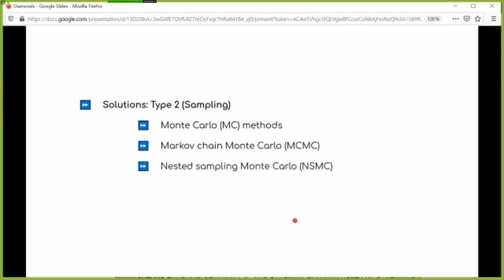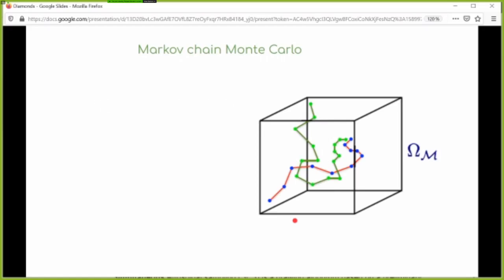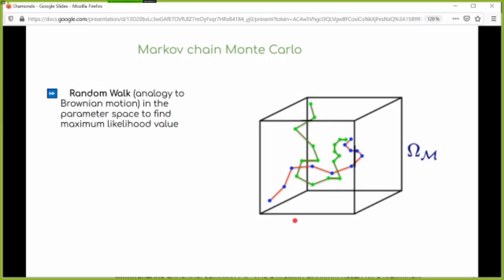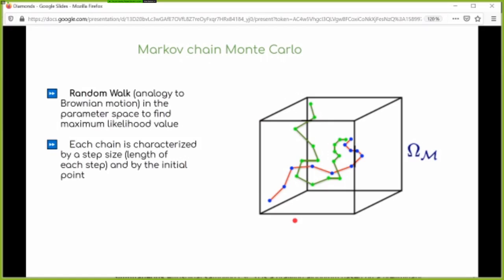I would like to make a brief recap of Markov chain Monte Carlo to explain afterwards why nested sampling is different. Markov chain Monte Carlo is based on the random walk analogy to Brownian motion in the parameter space to find maximum likelihood values. Each chain is characterized by a step size and an initial point. A new point is accepted if the likelihood is better than the previous one. And we repeat this process with another chain and many more until we sample the parameter space enough.